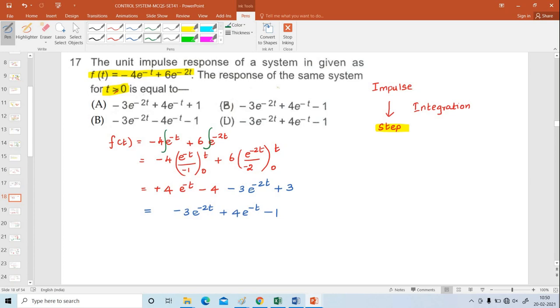Next, plus 4 into e power minus t minus e power 0, that is minus 4, plus 6 into e power minus 2t minus e power 0 divided by minus 2. So that is minus 3 e power minus 2t. Here e power 0 is 1. So plus 3. First write minus 3 e power minus 2t. Next write 4 e power minus t. Then minus 4 plus 3, that is equal to minus 1. And next problem.